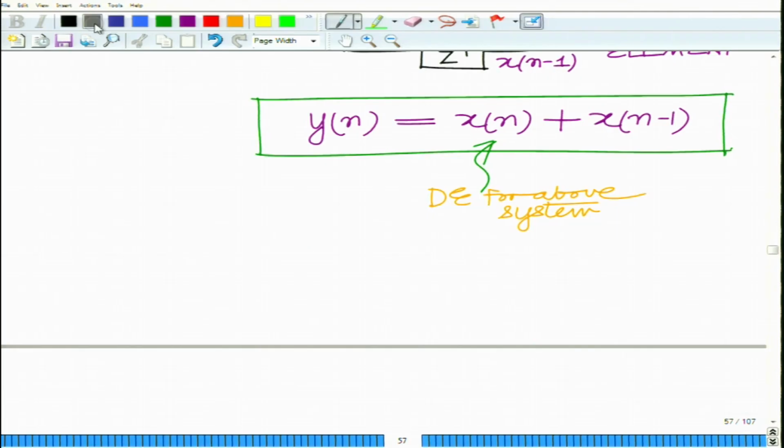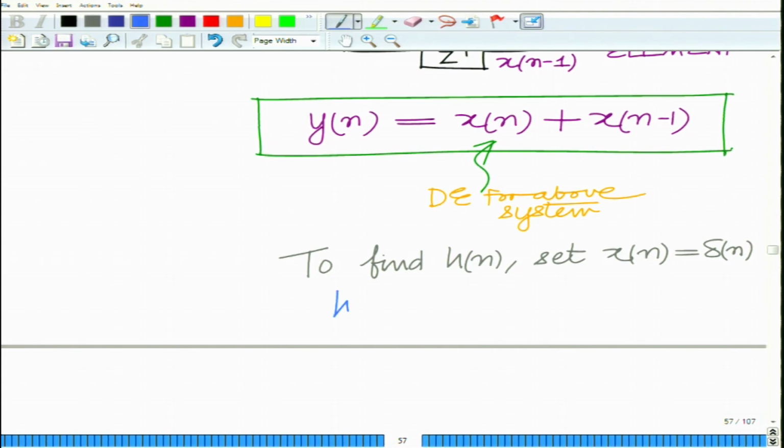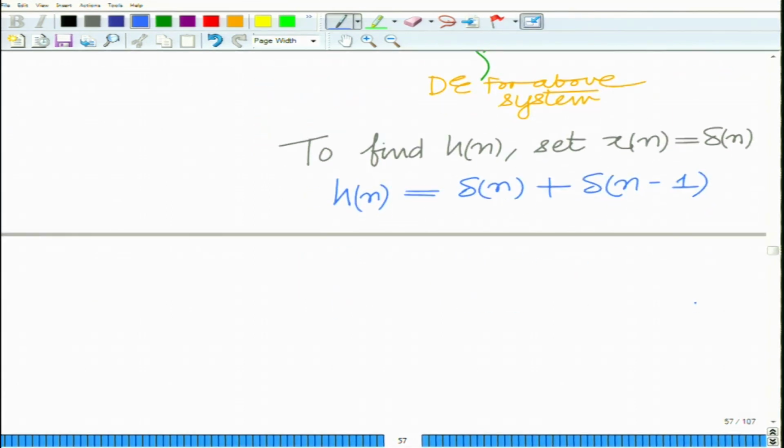To find h[n], set x[n] equals delta[n], and what we get is h[n] equals delta[n] plus delta[n minus 1].